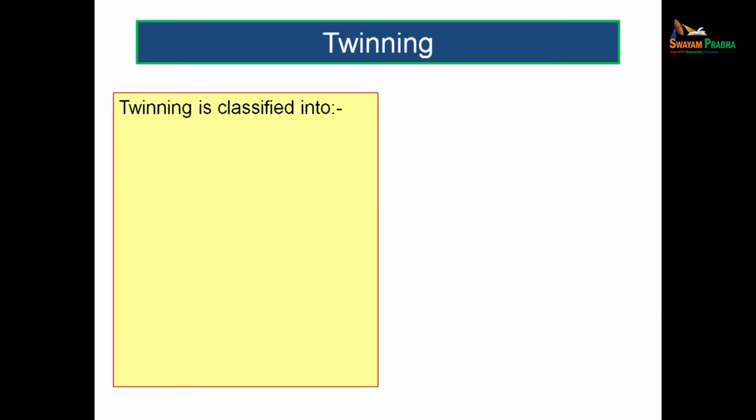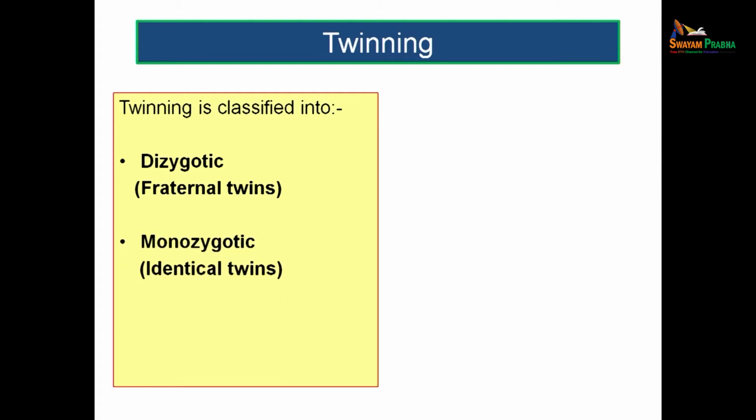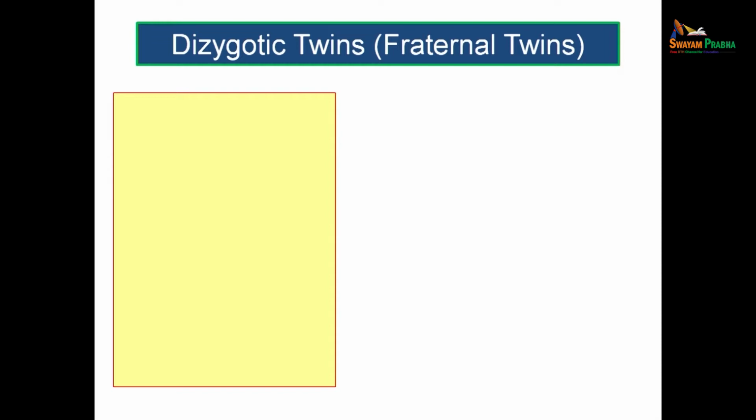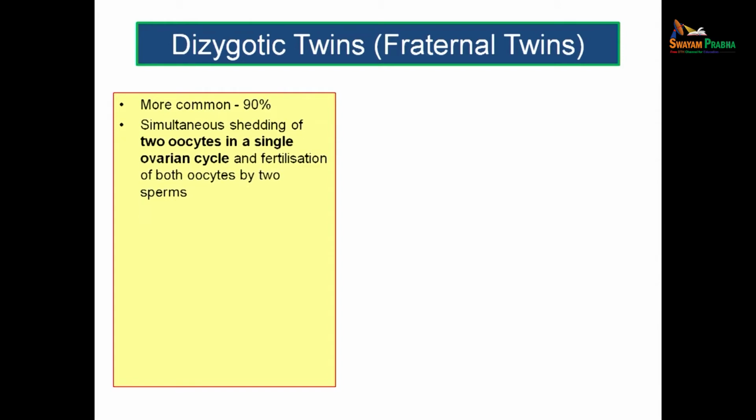Now, twinning is classified into dizygotic, otherwise known as fraternal twins, or monozygotic, otherwise known as identical twins. First, let us see what you mean by dizygotic twins or fraternal twins. This is more common and it is about 90% in occurrence.